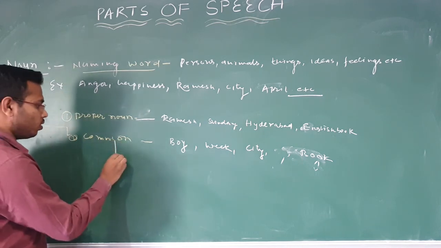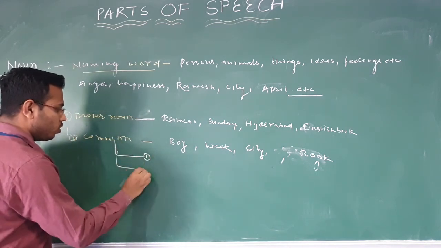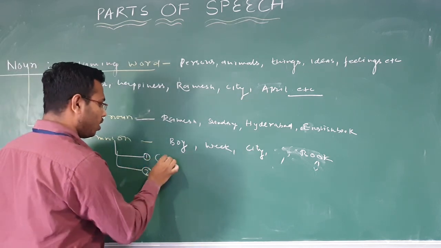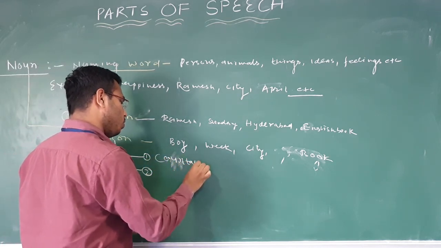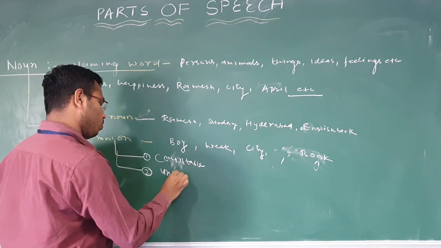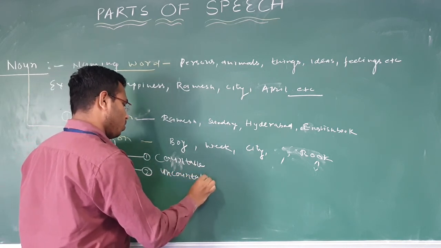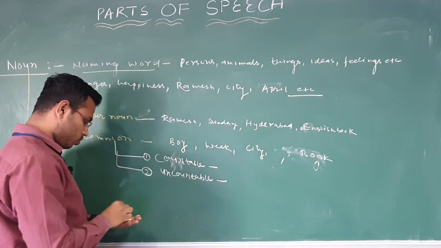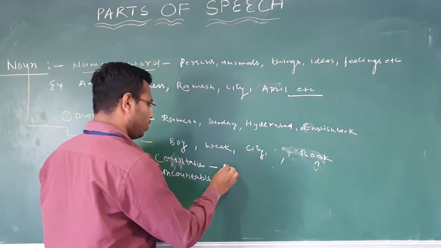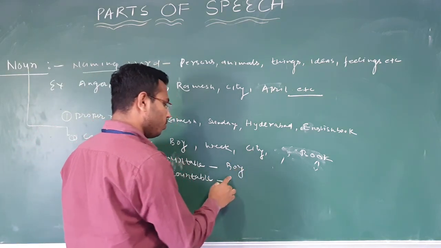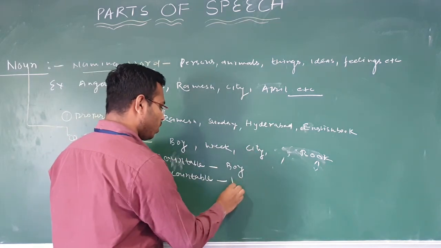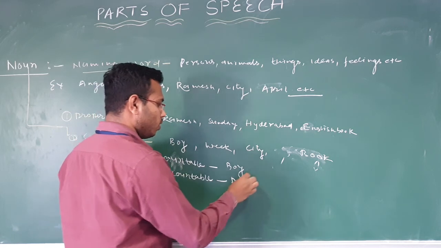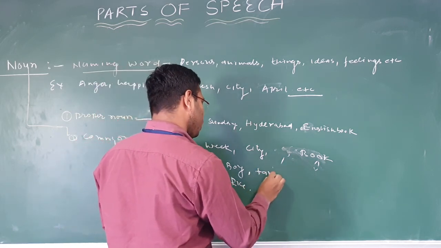Common nouns are further divided into two categories: countable and uncountable noun. For example, boy. Can we count the number of boys in the class? Yes, we can. If I say rice, we cannot count. If I say fan, can we count?